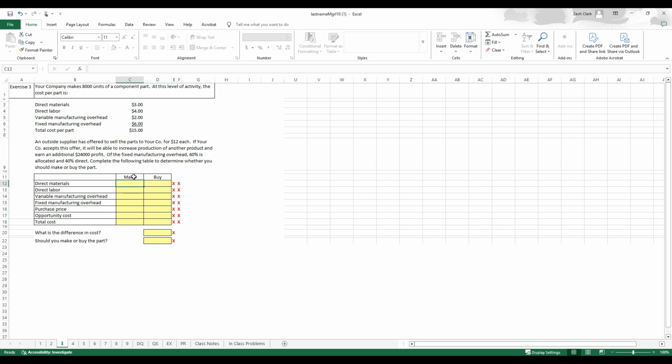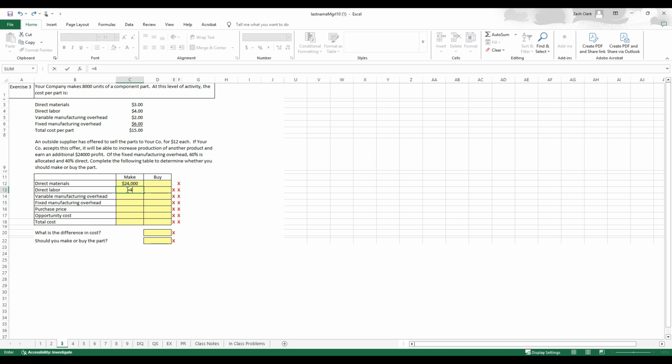On these problems, I kind of like to just start putting all the figures in, and just go from there and figure out what we know, and then think about what else we might need to solve the problem. So we know that it costs us $3 per unit to make it with materials, and we have 8,000 units, so multiply those together to get 24,000.